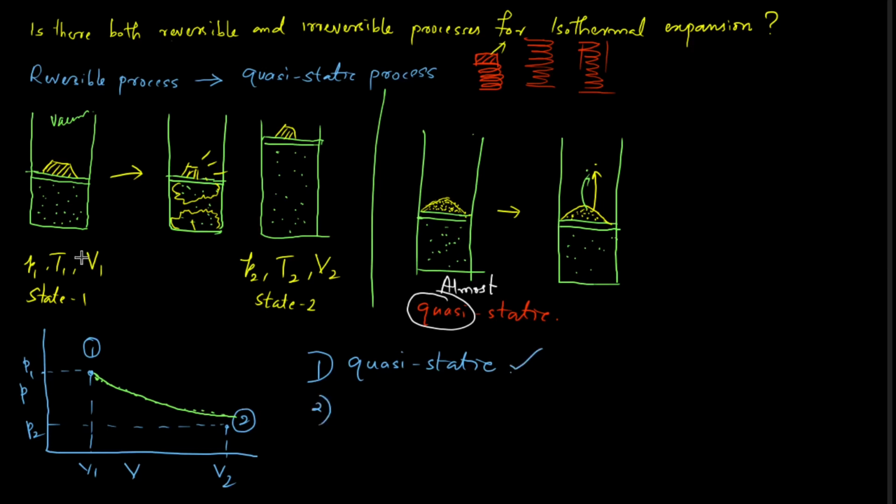The second condition is that we also assume there is no friction between the piston and the cylinder. For a process to be reversible, it should be quasi-static and there should not be any friction.